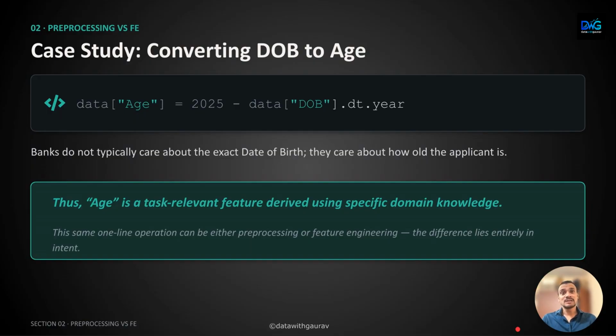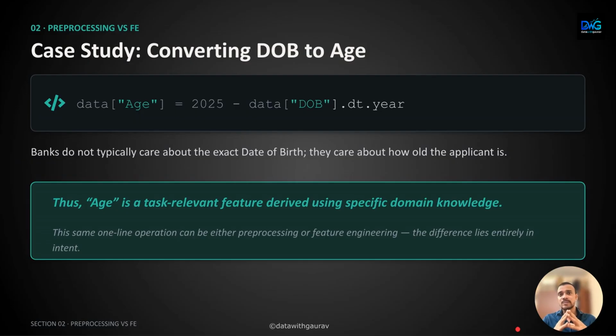What the bank is actually interested in is the applicant's age, because age is much more relevant when assessing factors such as financial stability or credit risk. So instead of using date of birth directly, we can calculate the applicant's age using a simple transformation. We'll extract the year from the date of birth, and subtract that year from the current year, and we arrive at the age of the applicant, right?